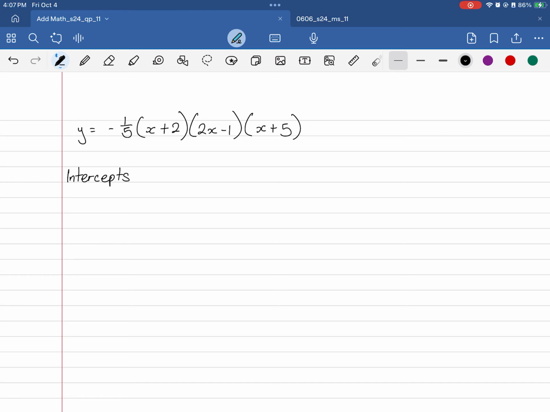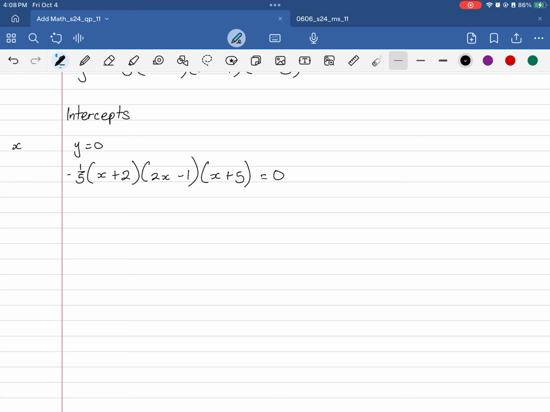So let's find the x-intercepts first. That means we would put y equals to 0. So if you rewrite this, you would have x plus 2, 2x minus 1, x plus 5 equals 0.